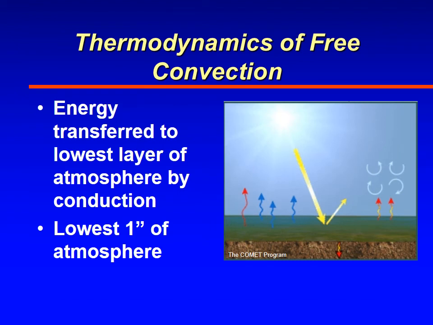So we're going to look at how parcels of air rise through the atmosphere, and most times parcels of air get their energy from the surface, the lowest layers of the atmosphere, through conduction. In other words, the air touching the ground warms up as a result of that contact, and this usually happens in the lowest layers of the atmosphere. We're talking the lowest millimeters of the atmosphere.